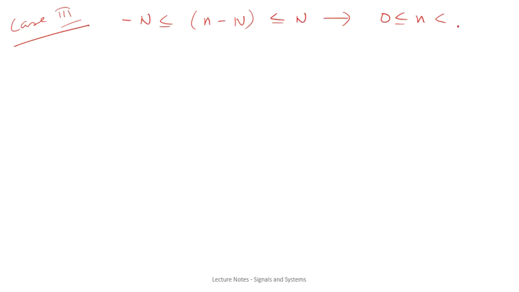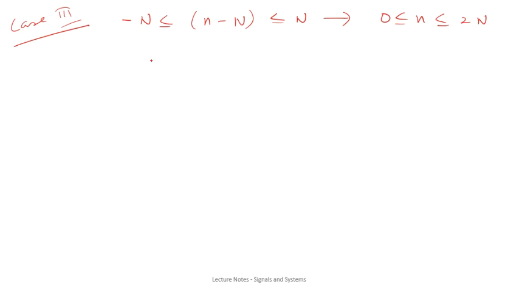Okay, now move to the next case, that is case 3. Now in this case 3, this n minus N will be in between minus N and N, and it can be represented in terms of this n also.